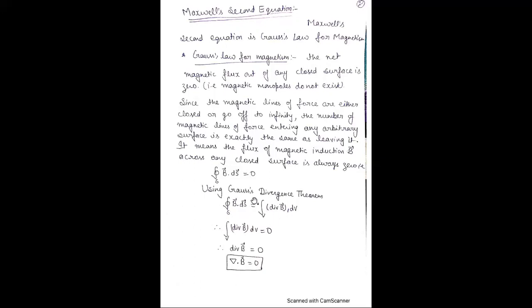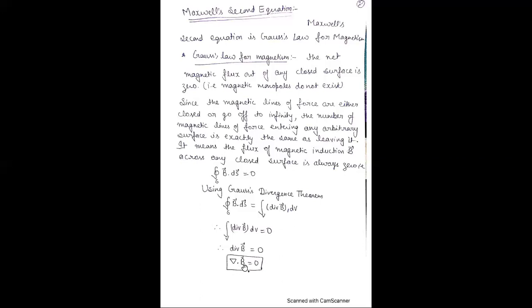But using the solenoidal nature of B, the magnetic flux is zero, so this term is zero. Therefore divergence of B is equal to zero, represented as del dot B equals zero.